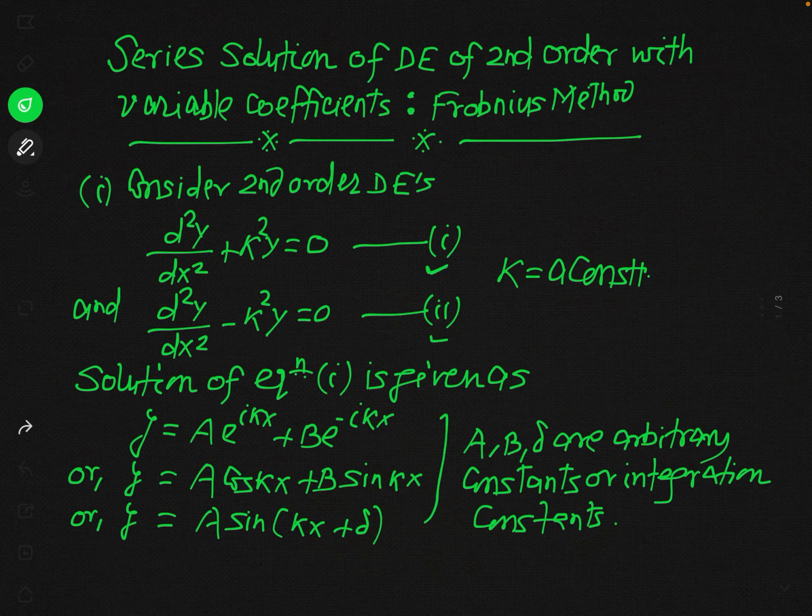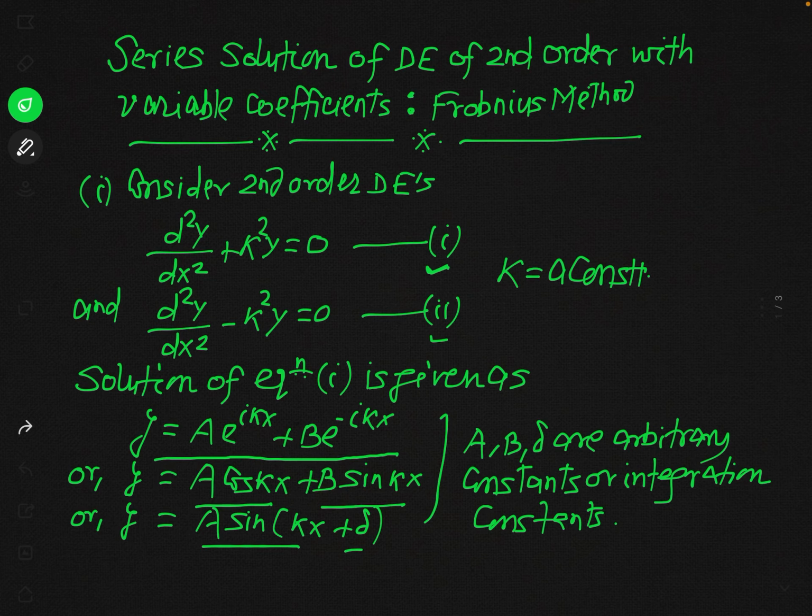and after integration, the solution of equation 1, which you have definitely studied, is in this form: y equal to a e to the power ikx plus b e to the power minus ikx. Equivalently, we also write its solution in this form: y equal to a cos kx plus b sin kx, or in this manner, a sin kx plus delta.